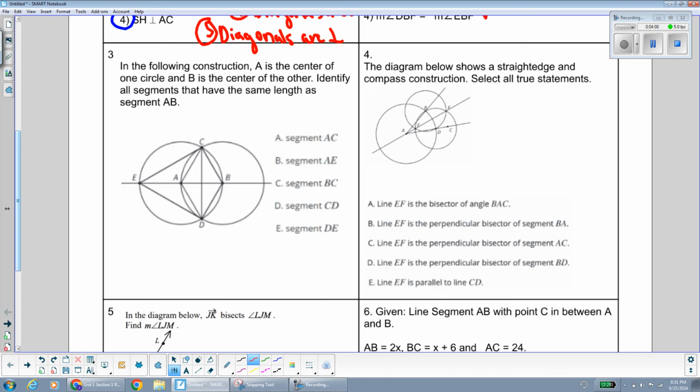A is the center of one circle and B is the center of another. So from A to any point on the circle is the radius. From B to any point on the circle is the radius of that circle. We're focusing on segment AB. Just to make it a bit clearer, in circle B, AB is a radius of that circle.